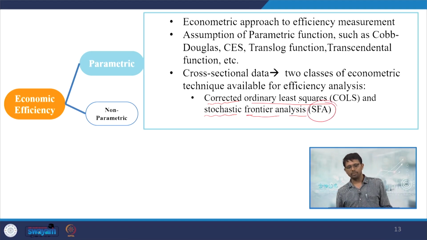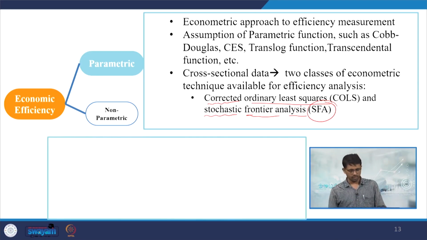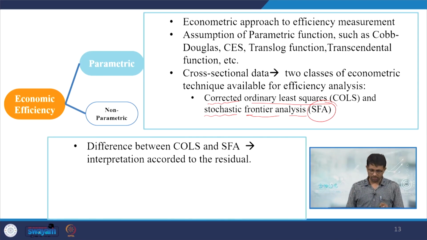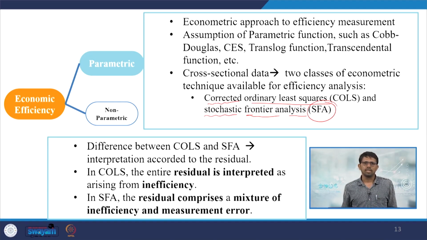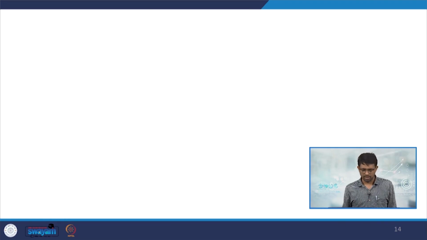Even in cross-sectional data we are able to use these. The difference between COLS and SFA lies in the interpretation of the residual. In COLS, the entire residual is interpreted as arising from inefficiency, and in SFA the residual comprises a mixture of inefficiency and measurement error.